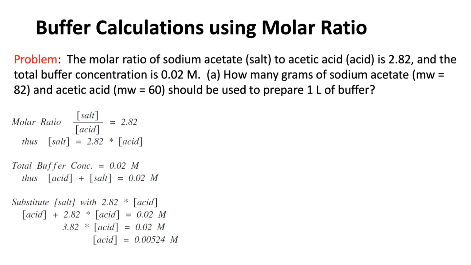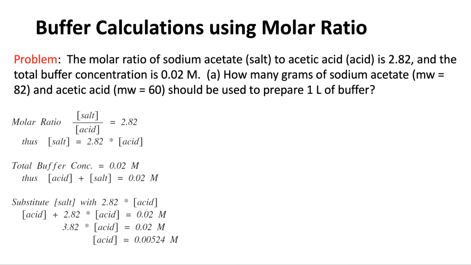The next step is we were told that the total buffer concentration was 0.02 molar. The total concentration is just the sum of the two things in the buffer. It's either acid or salt, so if you add the acid to the salt, that's how you get the total, which we said was 0.02 molar. Now we need to rewrite that formula, acid plus salt equals 0.02, with just one variable.